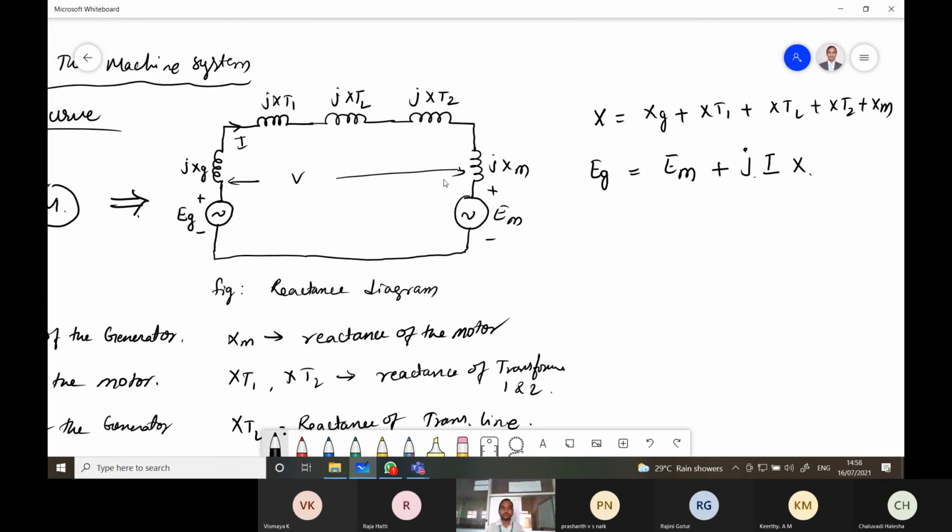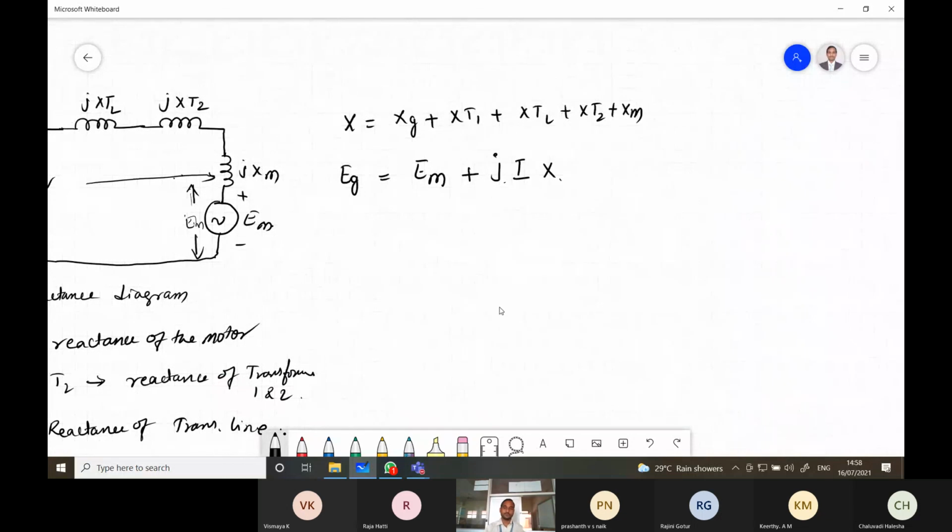This voltage drop plus this voltage EM will give Eg, right? So sending end voltage is equal to receiving end voltage plus voltage drop. Voltage drop is current into reactance. Okay, so that can be represented in a vector diagram also.